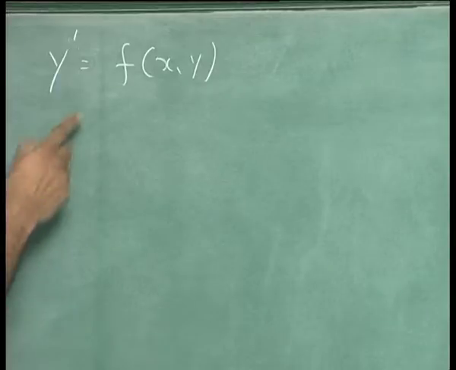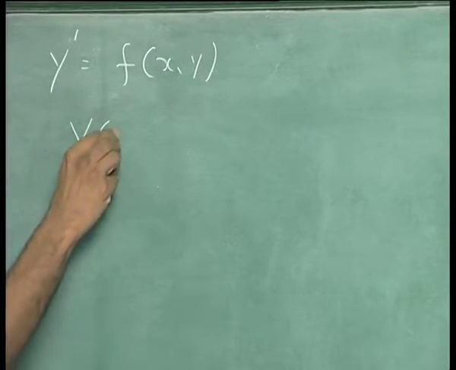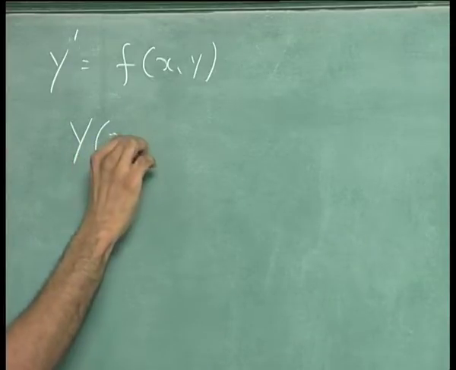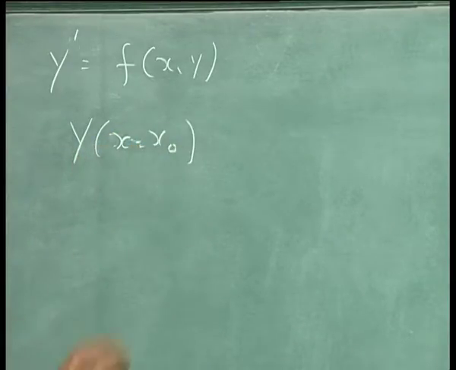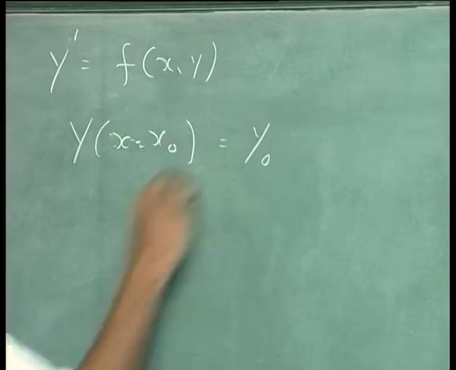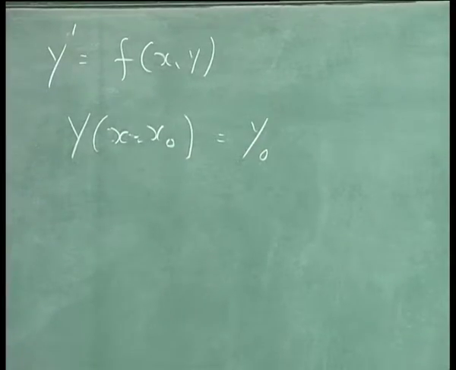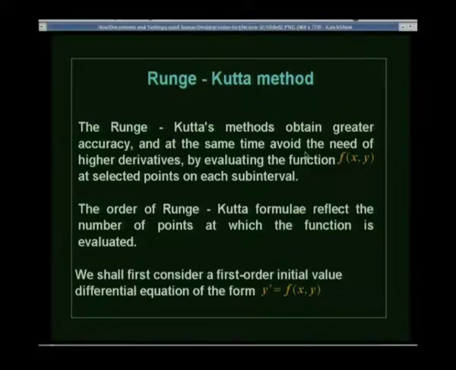That is, for this first order differential equation, there is only one boundary condition that is specified at x equal to x0, that is at the beginning, as y0. So, that is an initial value problem, that is what we were solving, and we looked at some simple methods of solving this, including the Runge Kutta method.